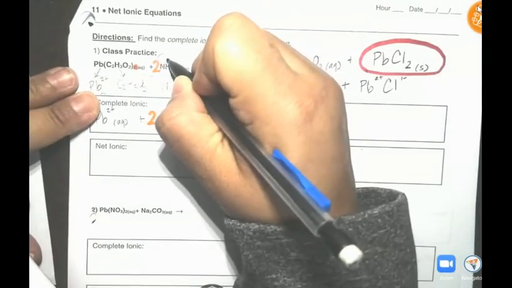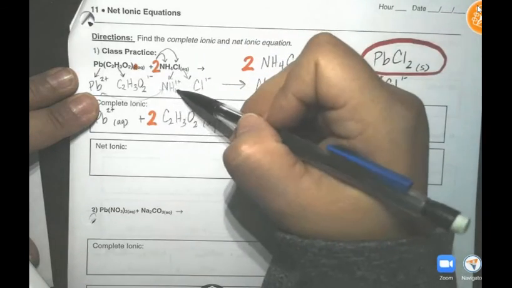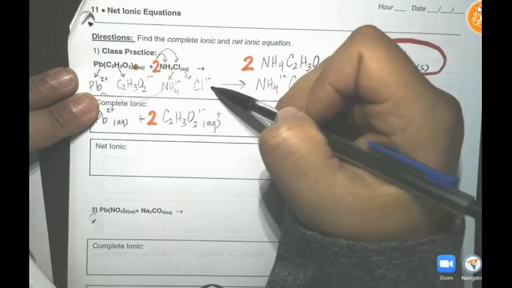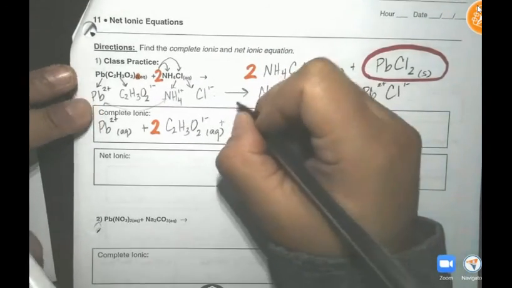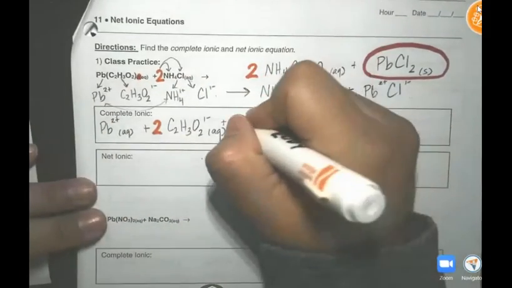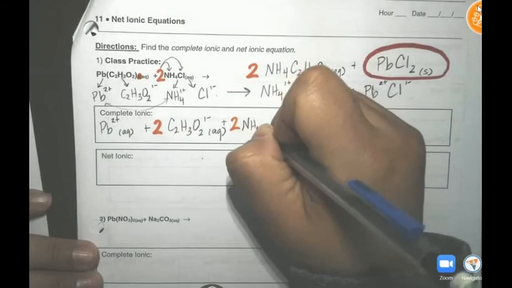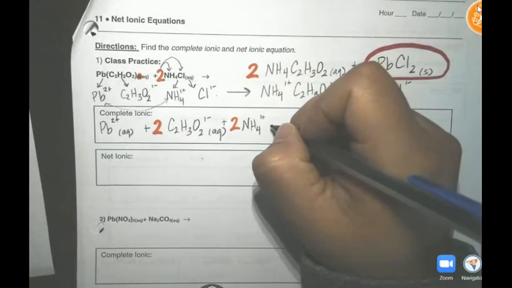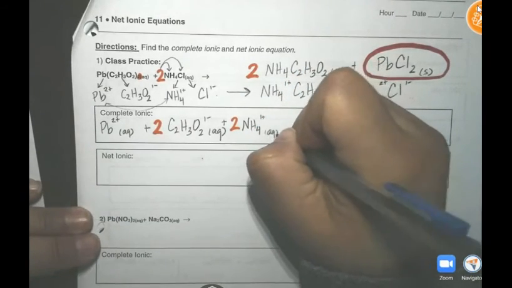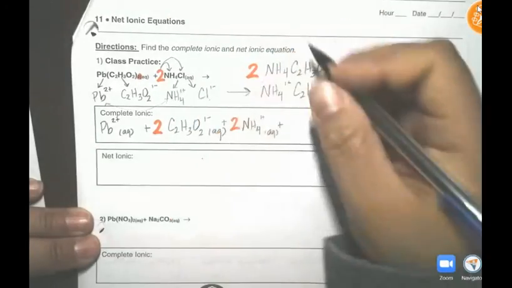Plus, there's a 2 here. I have to distribute to both of those ions. So that means it's going to go to the ammonium and the chloride. So I'm going to have 2 NH4 plus aqueous plus 2 chlorides.